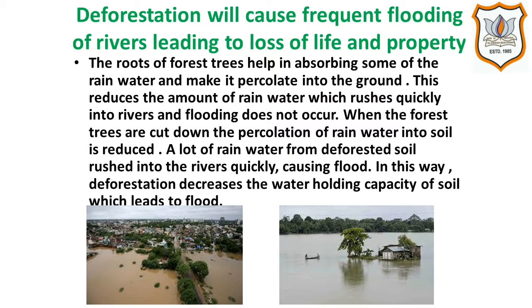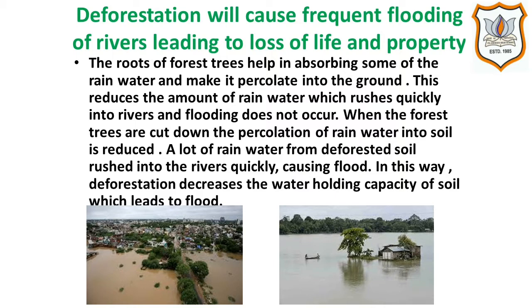The roots of forest trees and other forest plants help in absorbing some of the rainwater and make it percolate into the ground. This reduces the amount of rainwater which rushes quickly into rivers, and flooding does not occur.